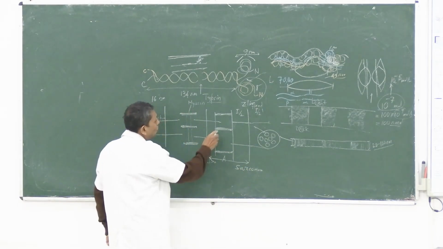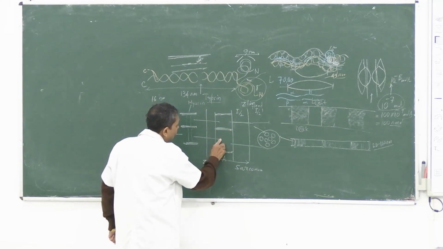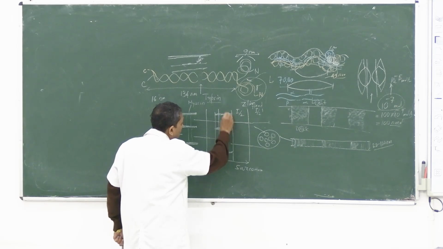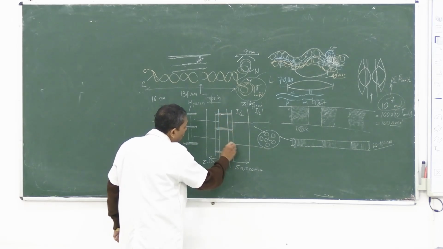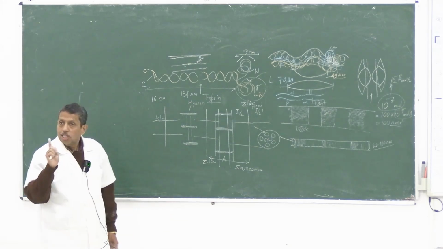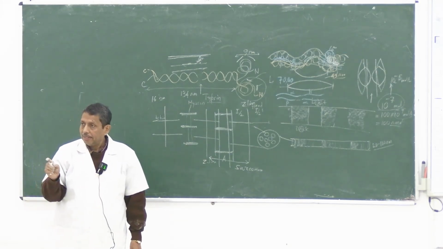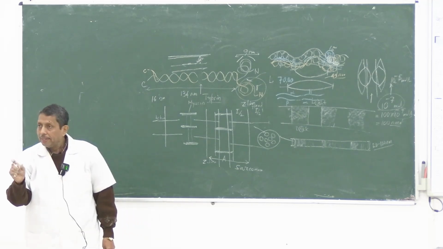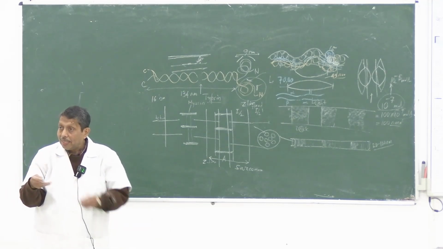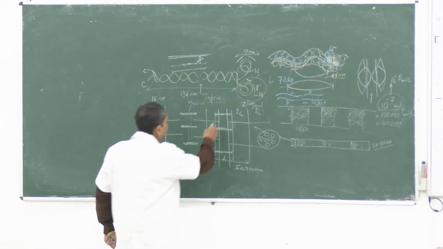And you see within this dark band there is, to some extent, a lighter band where there is no interdigitation, only thick filament, and it is relatively lighter. Even within the dark band there is the middle part, the lighter band in the relaxed state, and they form the H band.